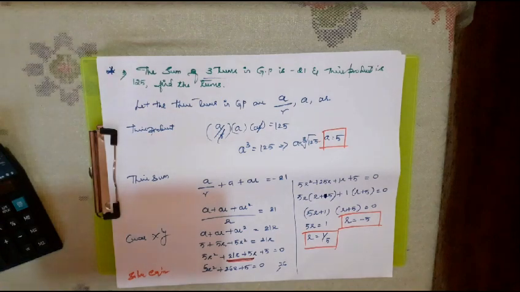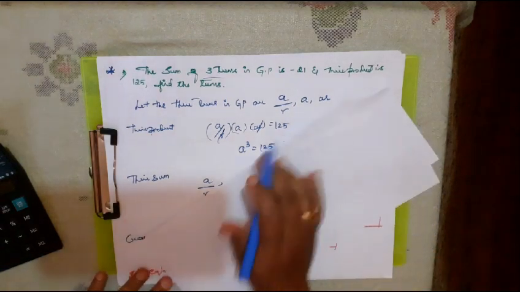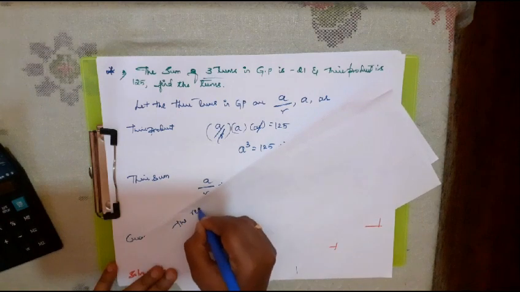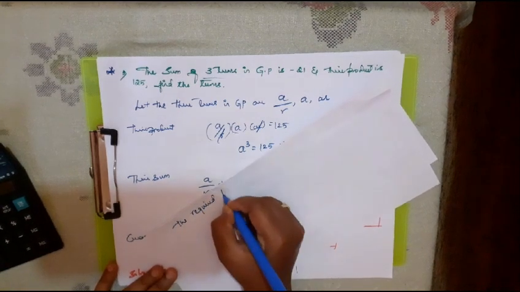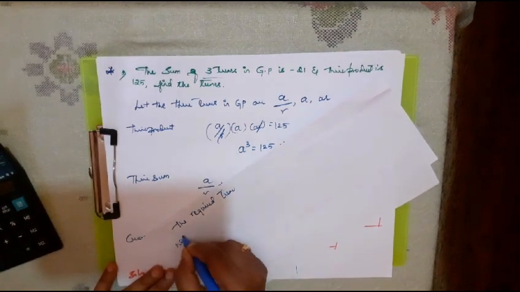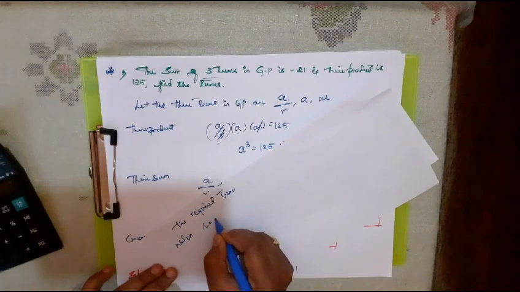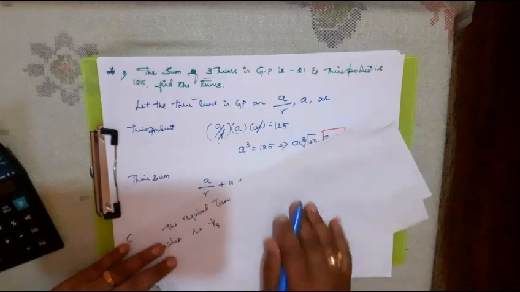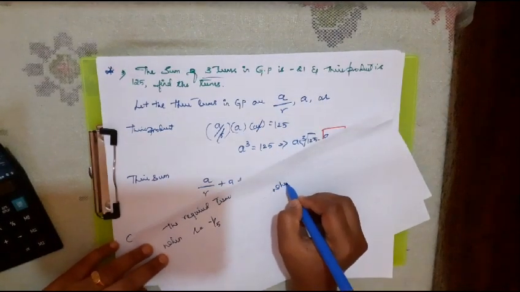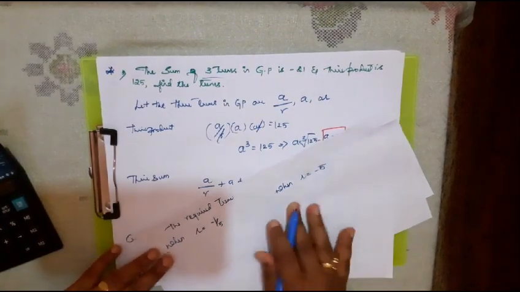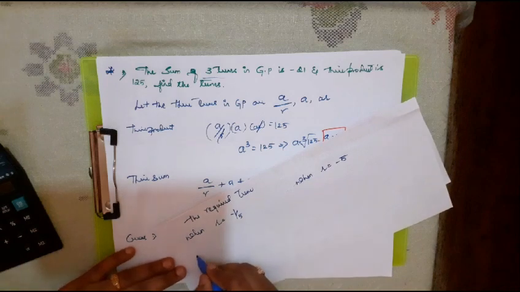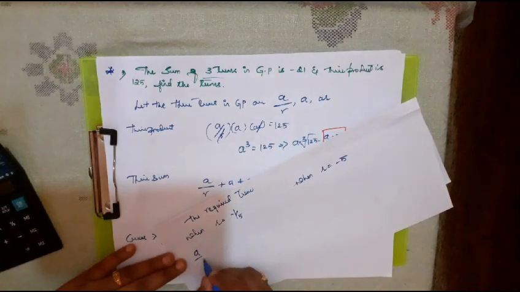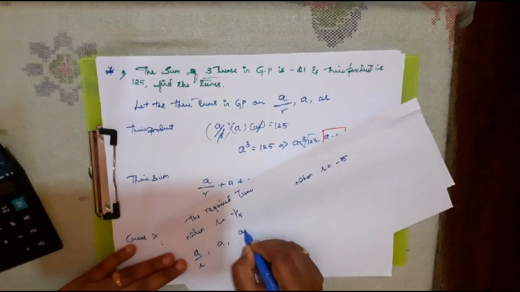Right? So the required terms, when R is equal to minus 1 by 5, and then R is equal to minus 5. Okay, right. A by R, A, AR.